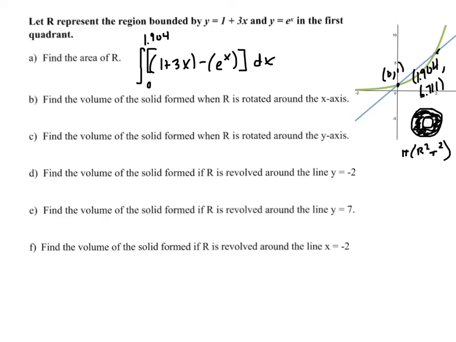Like I said, this is just going to be kind of a quick review. So we're going to have pi times the integral from 0 to 1.904. The big radius would be given by the line, so it would be radius squared minus radius squared, and that would do it.